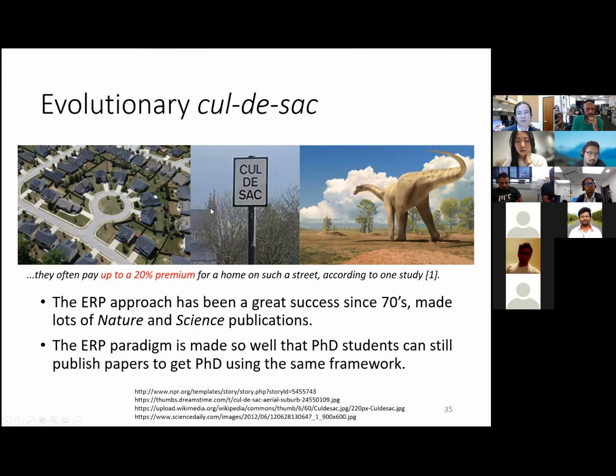Why? Because the cul-de-sac is very comfortable. If you talk about what you know all the time, and if you don't make any excursion, or try to extend your knowledge or methods, then you stay in this cul-de-sac. And as you know, the dinosaur was stuck in this cul-de-sac, and they went extinct, right?